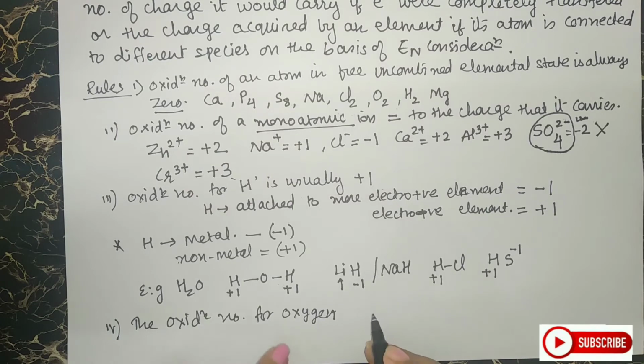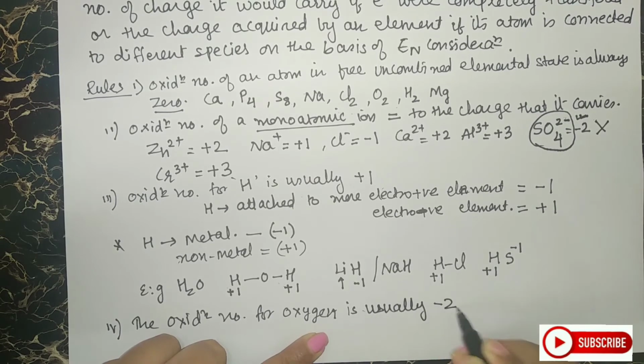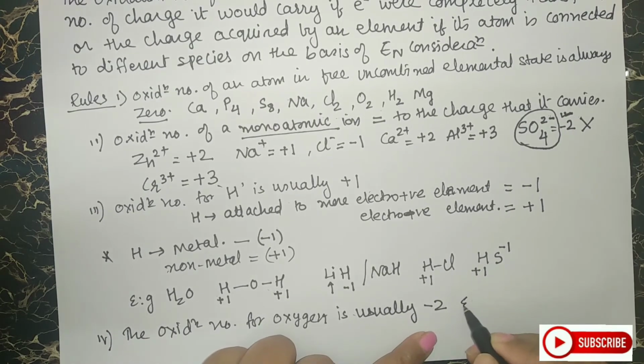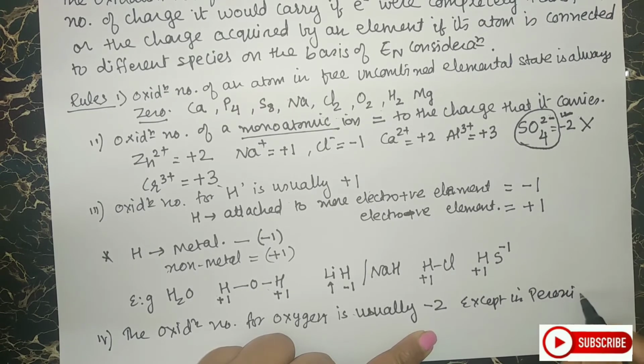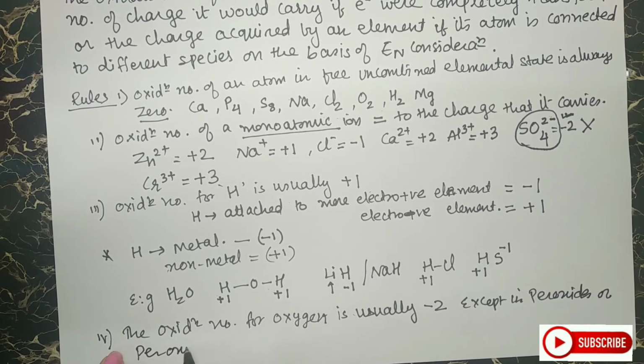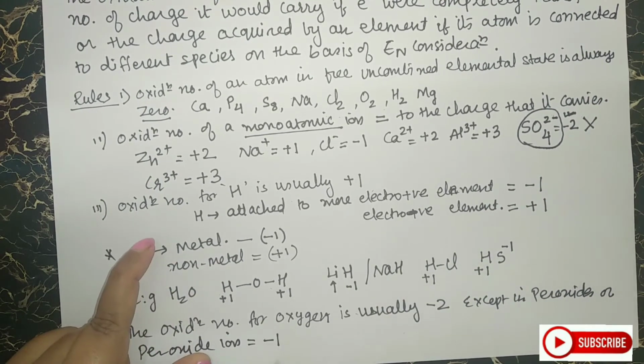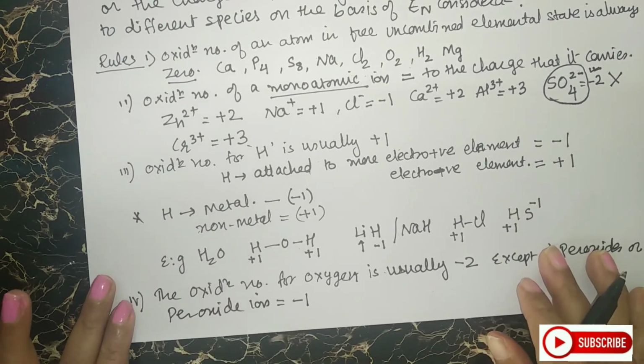So the oxidation number for oxygen is usually -2, except in peroxides or peroxide ion, where it is -1. This is the first exception.